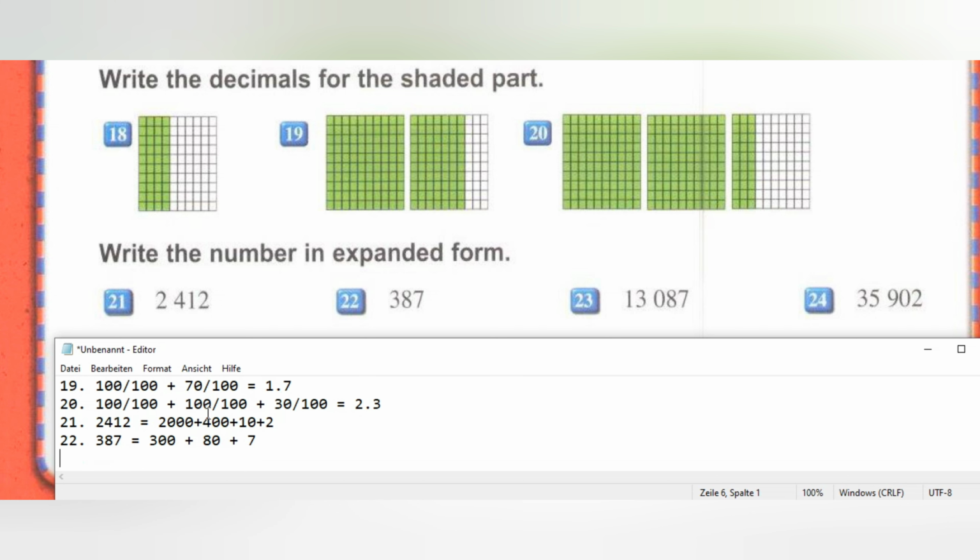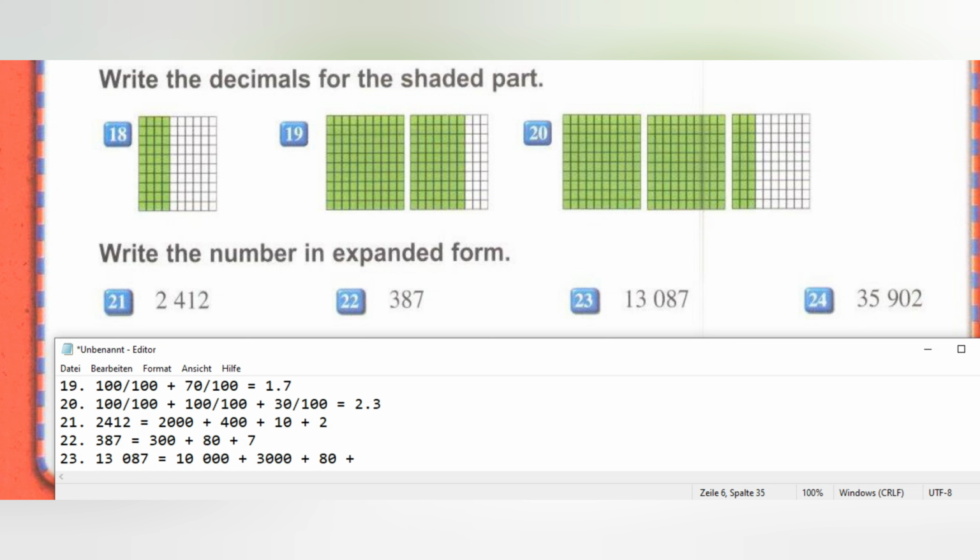And task number 23, we have number 13,087, and this is 10,000 plus 3,000 plus 80 plus 7.